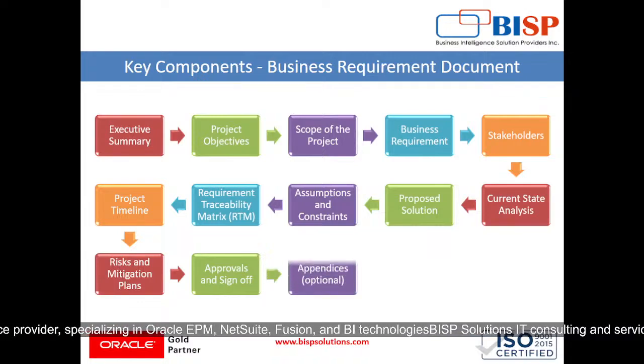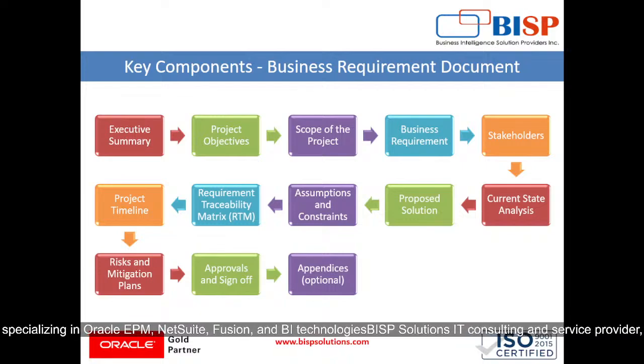Then comes our appendix, which is optional for our BRD document, which means supporting documents, a reference or glossary of terms is written there, and detailed diagrams or charts are made, like process flows, which I have showed in the BRD document about the COA or GL implementation process diagram. So this structure ensures that the BRD is comprehensive, structured and serves as a solid foundation for successful project execution.